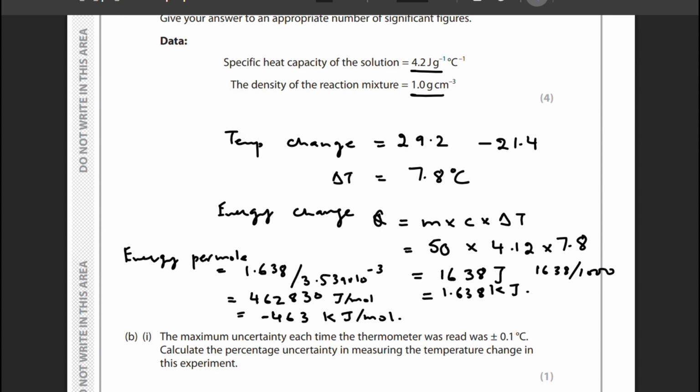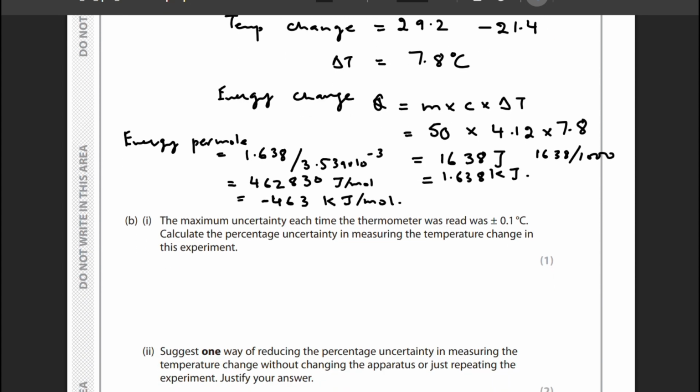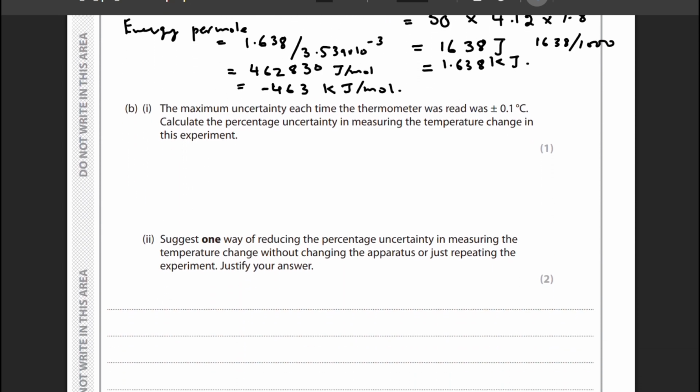Now move on to part B of this question. The maximum uncertainty each time the thermometer was read was plus minus 0.1 degree centigrade. You know, when we use thermometer, we usually take the initial and final reading. So we multiply the uncertainty with 2. So how we will calculate the percentage uncertainty?